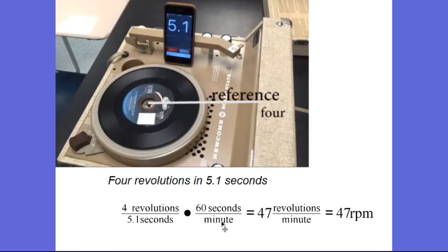So I'm going to multiply by 60 seconds per minute to come up with 47 revolutions per minute, or 47 RPMs. The reason I did this conversion here is because this is another common unit of angular velocity, rotations per minute. So radians per second is a common one, and revolutions or rotations per minute is another common unit.